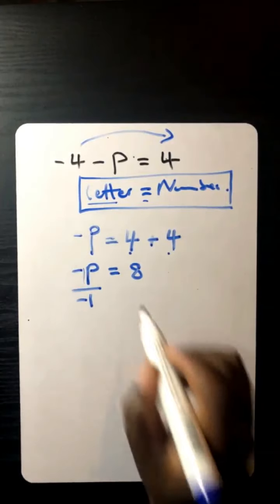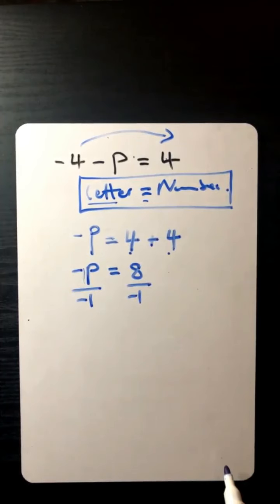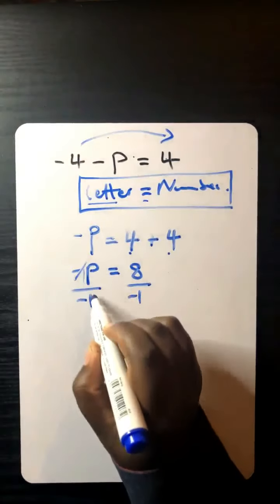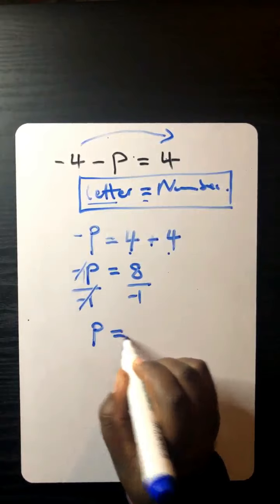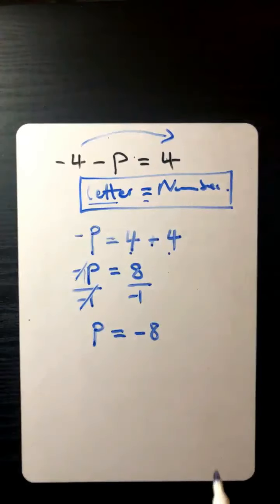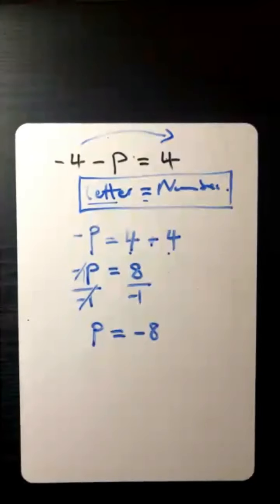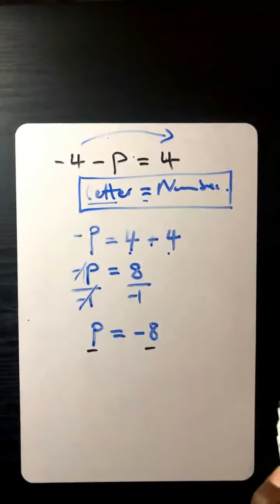Remember, guys, whatever that you do on the left, you also do on the right. Why did you have to divide by negative 1? It's because you wanted to cancel that negative over there so that you remain with P, which is equals to negative 8. Can you see, guys? So that means the value of P is equals to negative 8.